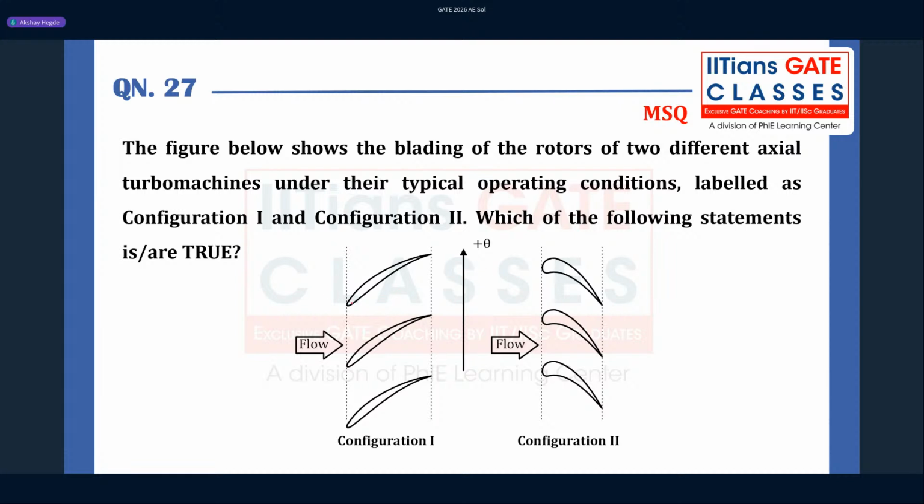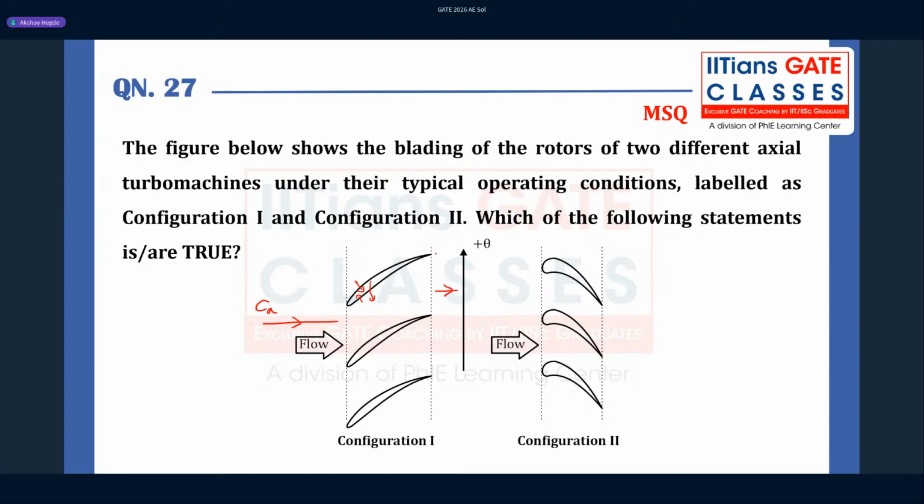So see, in this one the blades are facing downward, right? This is my suction side, this is my pressure side of an aerofoil. So now we have to decide based on the configuration. The flow is coming in this direction, axial flow, and we have flow that is leaving axially, absolute flow.